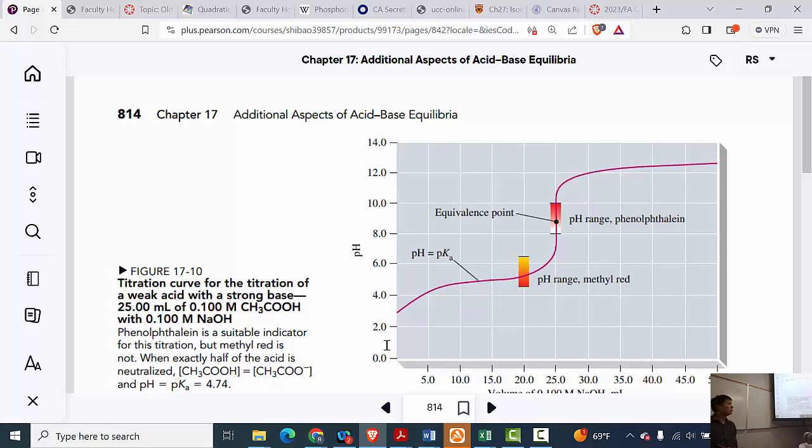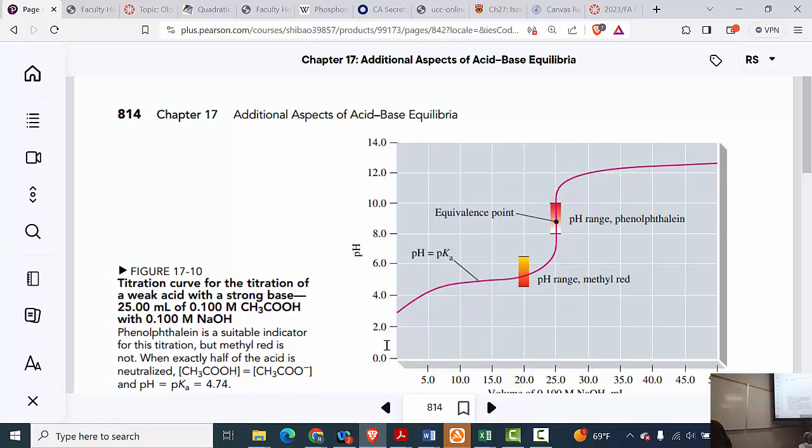So one of the pHs that we calculated was at the equivalence point. This takes 25 milliliters to reach the equivalence point because we're titrating 25 milliliters of acid at 0.100 molar. And if the base is the same, 0.100 molar, we're going to need the same volume, 25 milliliters. At the half equivalence point, which will be at 12.5 milliliters, we did the calculation, correct?